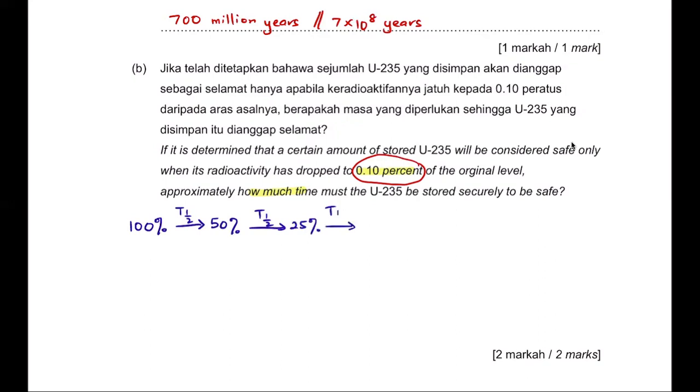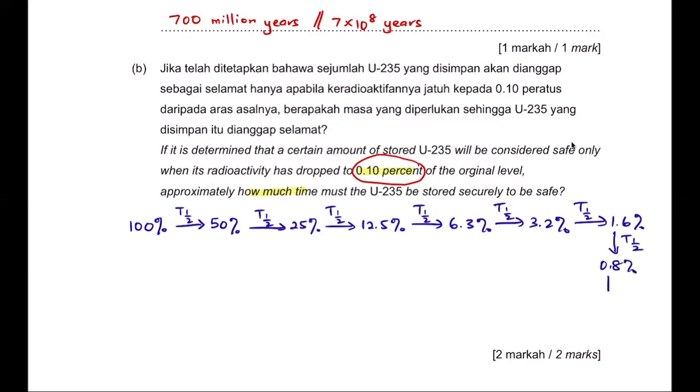So you continue to divide by 2. 12.5%. Then another one is around 6.3%. Then 3.2%. Then another half-life is 1.6%. And then another half-life, 0.8%.